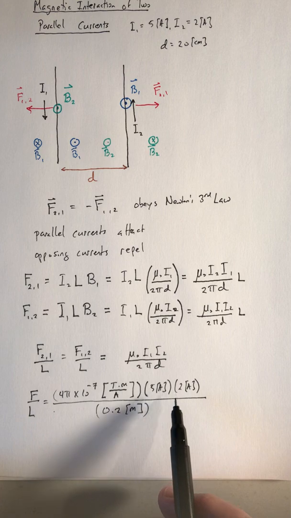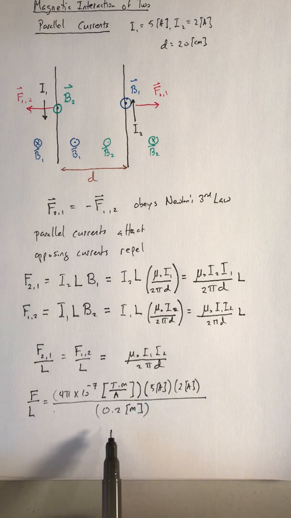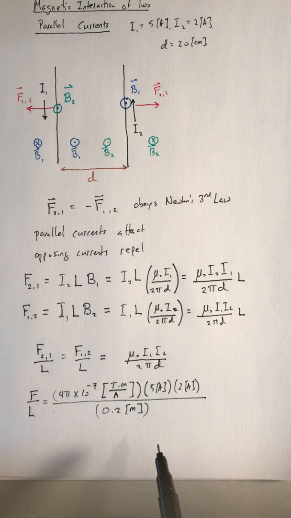So give me a 10, I'm dividing by 0.2, multiplying by 5.